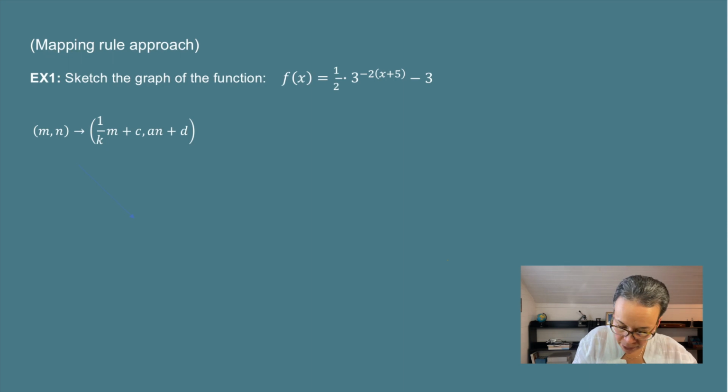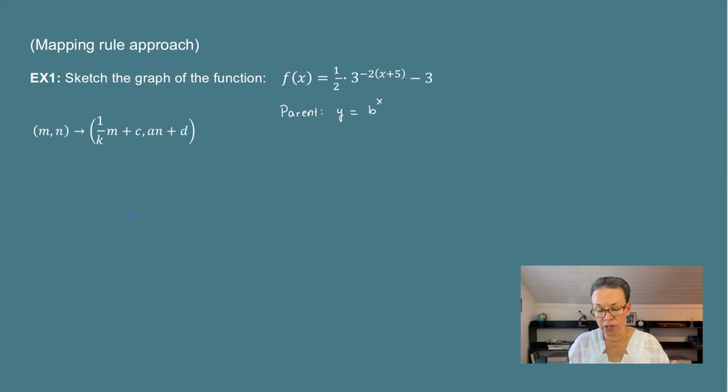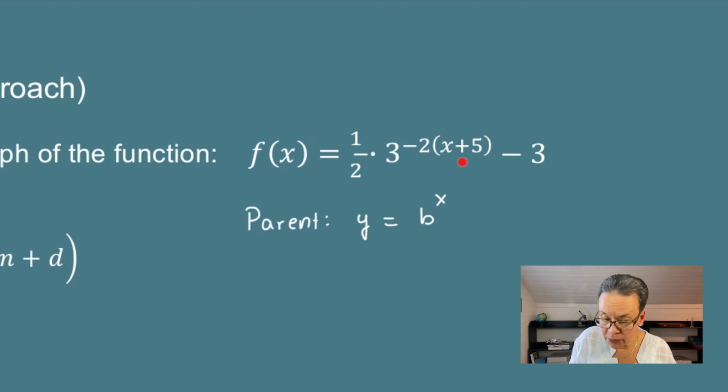And if you remember, the general form of the parent function is simply y equals b to the x. So what we need to do here is to determine b, the base. We can easily do that just by looking at the transformed function. Look, here is the exponent, and the exponent is always on top of the base. The number right next to the exponent is the base. That number is 3 right here.